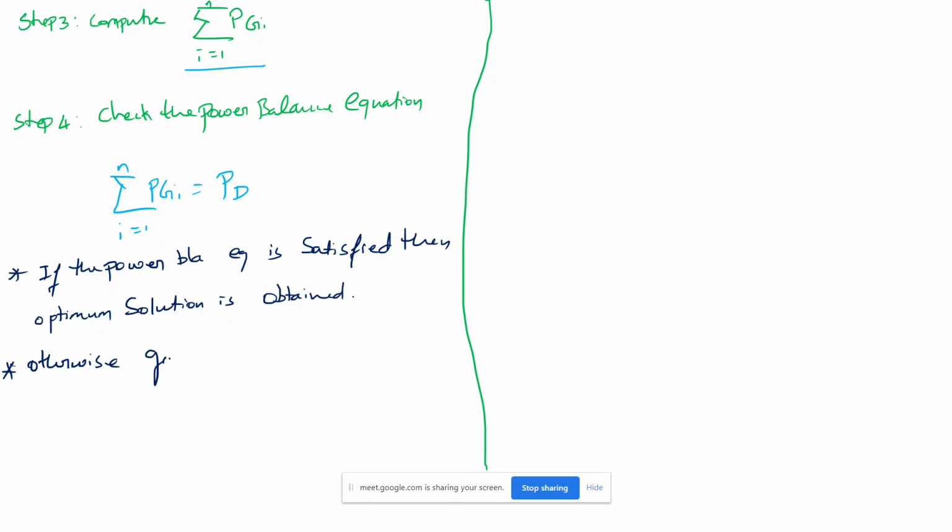Otherwise, go to step 5 that we are going to do now. What is the next step? Next step, that is step 5. I will start from here.